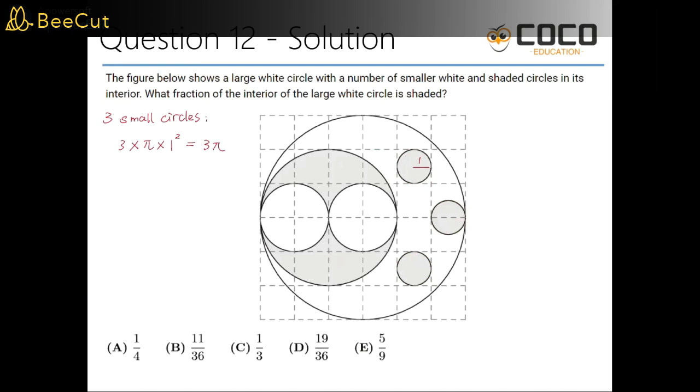Now for the medium circle, we know that here the radius is 2. So these two are shaded. The area is 2 times pi times 2 squared. Is 8 pi.